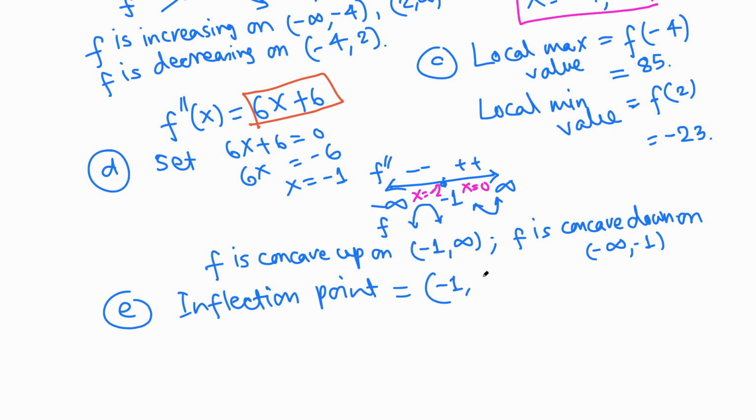So x and y is always f at negative 1, because we are answering about the function. We found the first derivative and second derivative just to get some information. Now we need to evaluate the function at negative 1. I'm using my calculator. I get 31.